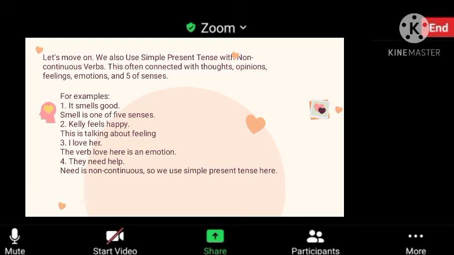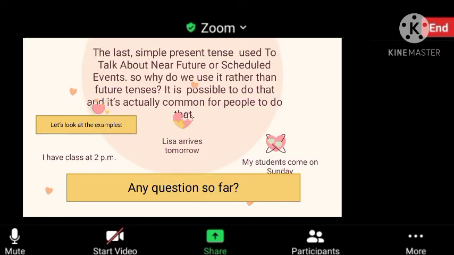The second one, Kelly feels happy. This is talking about feeling happy. Three, I love her. The verb love here is an emotion, okay? And the fourth, they need help. Need is non-continuous, so we use simple present tense here, okay?